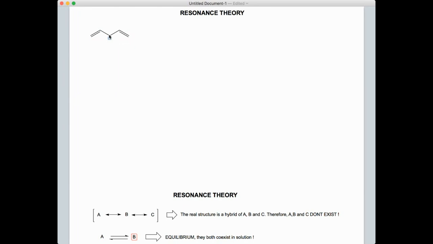Okay, guys. So I'm going to ask another question. How many sigma bonds do we have in this carbon? It's positively charged.